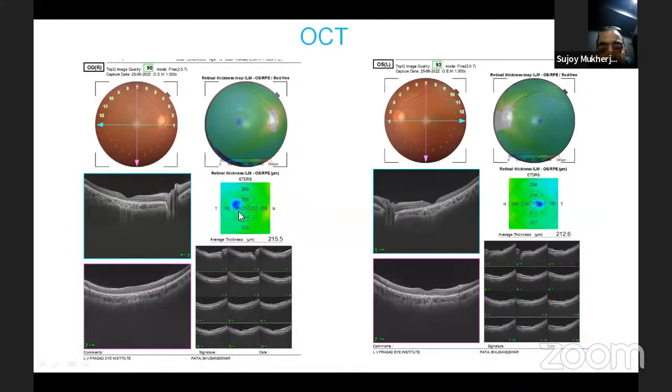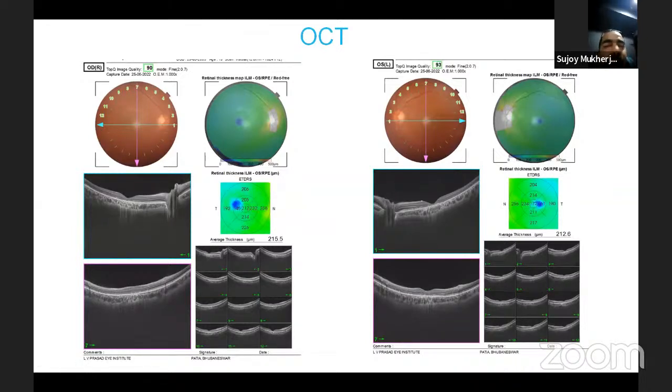At the right hand side of that image, the greenish hue points to a lot of scalar values like 204, 214, 172. Those are the calculation by the machine of the overall thickness of the retina, starting from the internal limiting membrane till the RPE. At the center, we can see the greenish hue, which is there when we explore the ups and downs of the retinal area. That is because of the foveal depression, so that is the 172 micron.